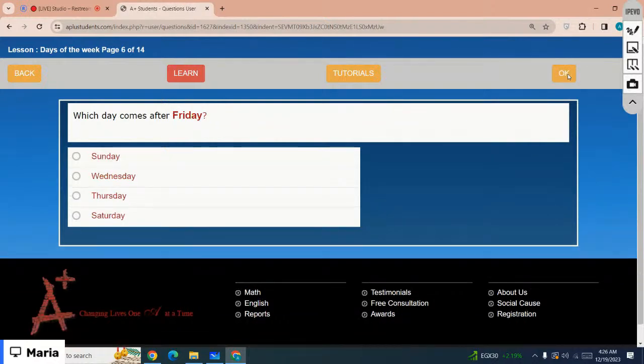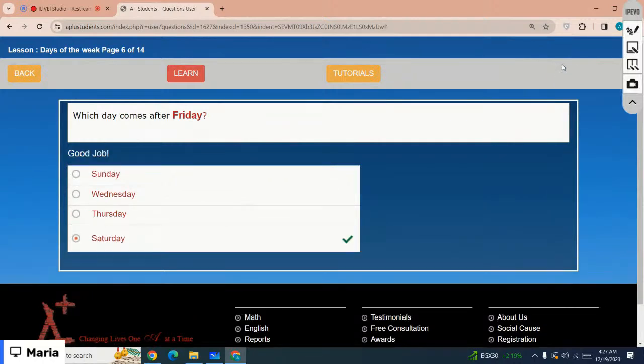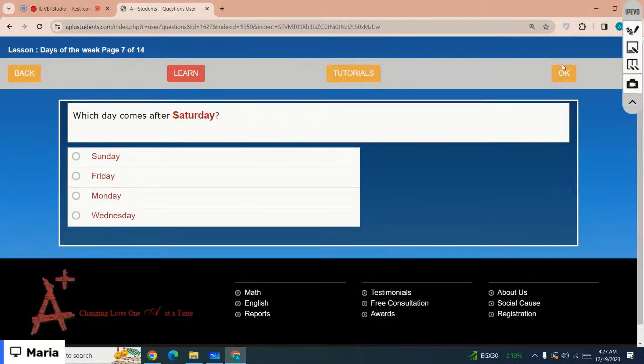Which day comes after Friday? Which is the correct option? Yes, after Friday it is Saturday. The correct option is Saturday, right? Which day comes after Saturday?